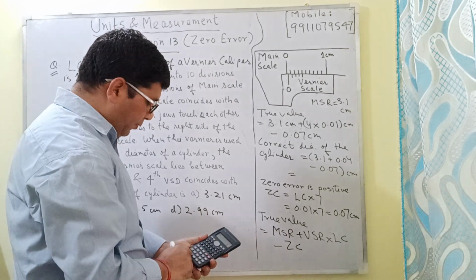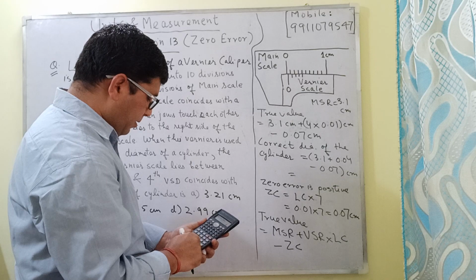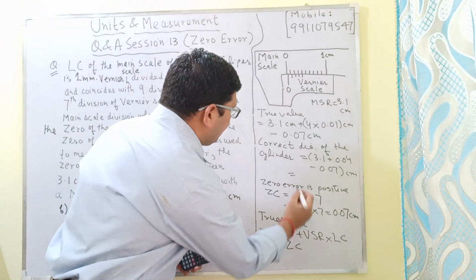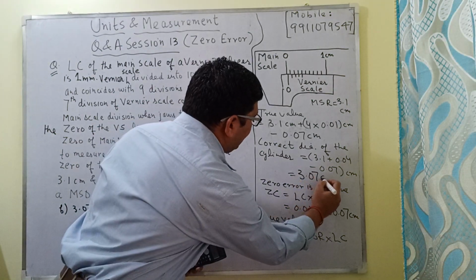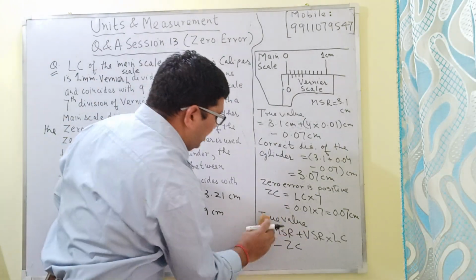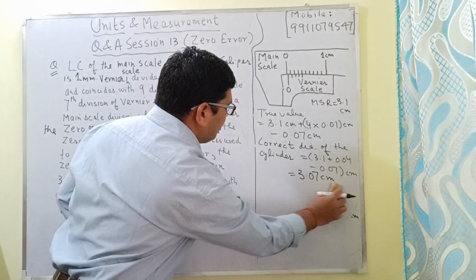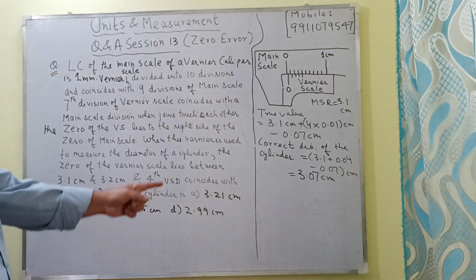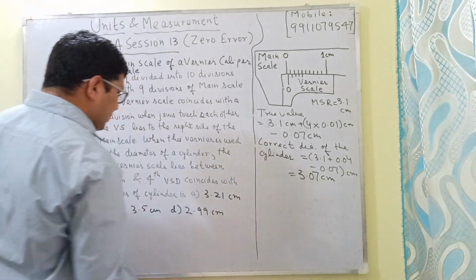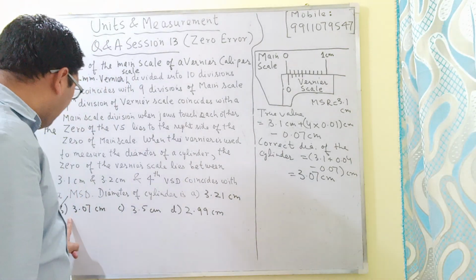So the answer is 3.1 plus 0.04 minus 0.07, which is 3.07 centimeter. So the correct diameter of the cylinder will be equal to 3.07 centimeter. So our option B is correct. The option B is correct here.